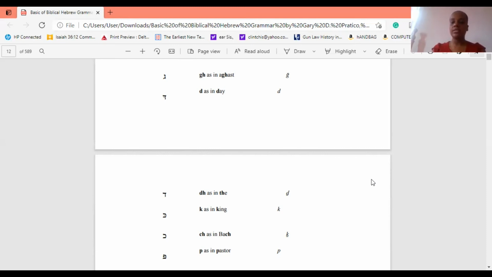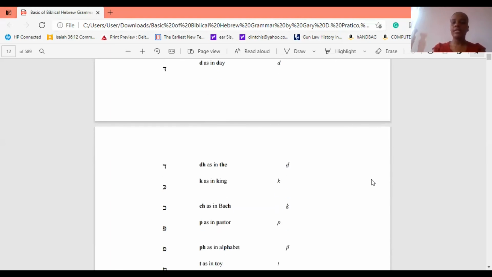And the transliteration for this, or the English equivalent, is K with the horizontal line above, or in some books you will see KH or CH. Either is fine. You can choose one and stick to that one, whichever one you're comfortable with.